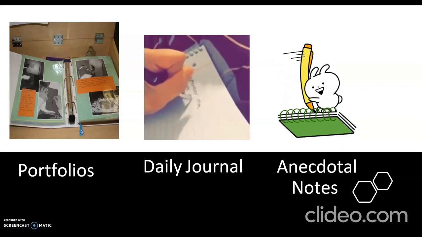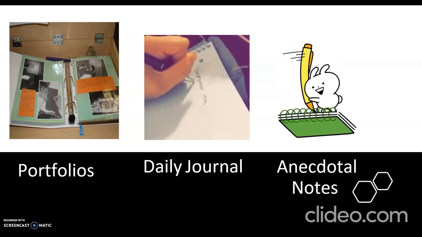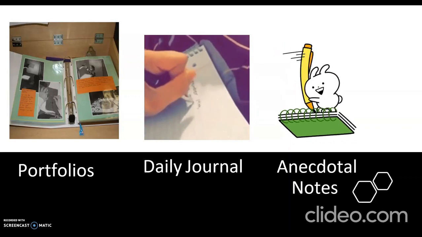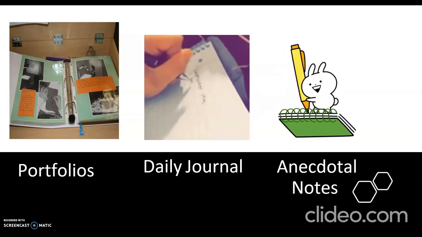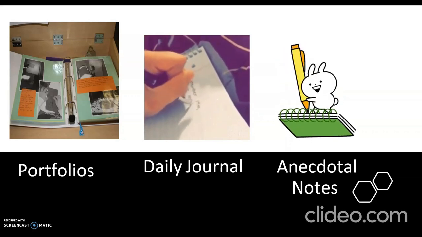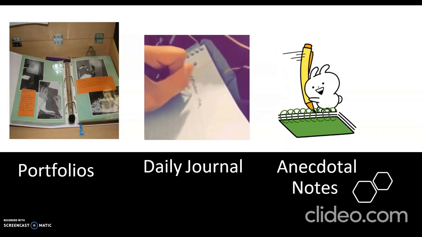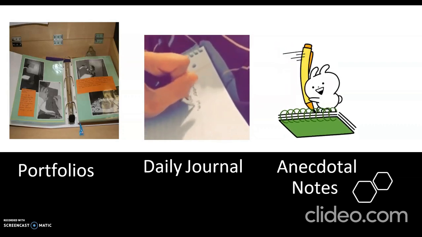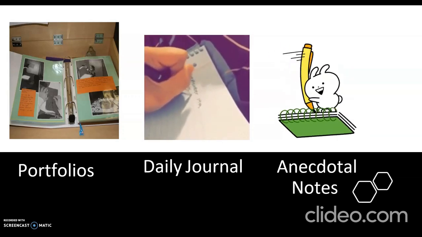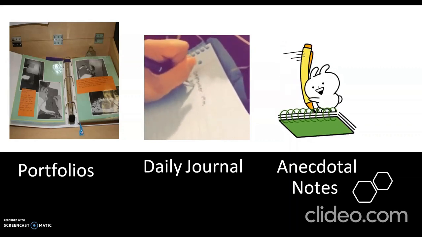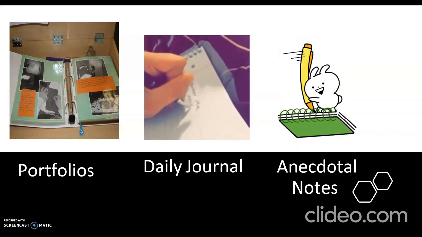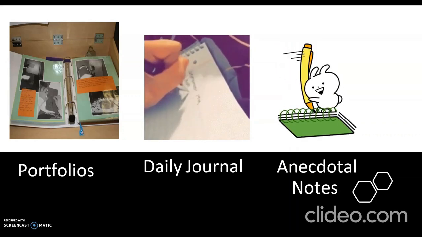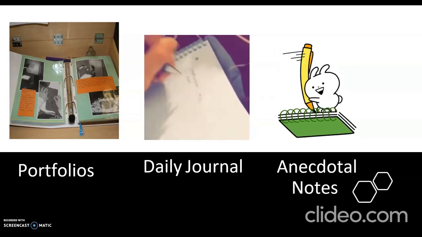Documentation typically includes samples of children's work at several different stages of completion, photographs showing work in process, comments written by the educator or other adult working with the children, transcriptions of children's discussions, comments, and explanations of intentions about the activity, and comments made by parents.